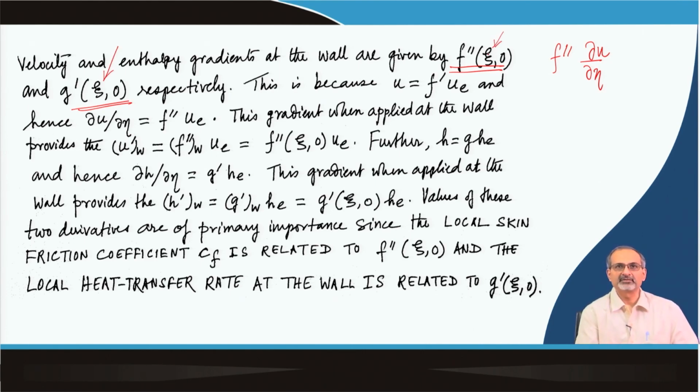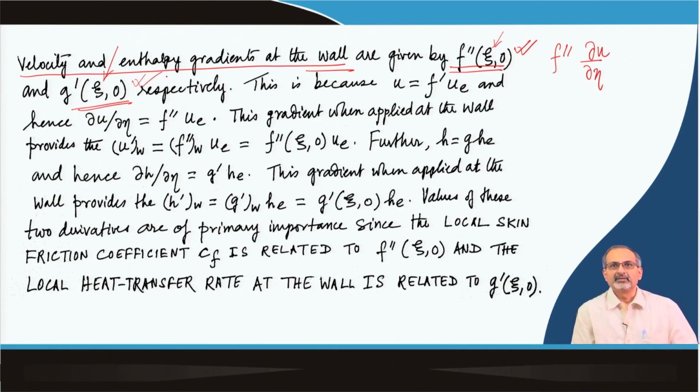It will change from station to station as long as it is a non-similar problem, but eta is equal to 0, and we are talking about the gradients at the wall. This gradient, when applied at the wall, provides the necessary condition.